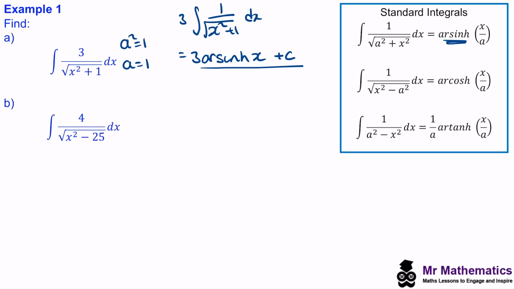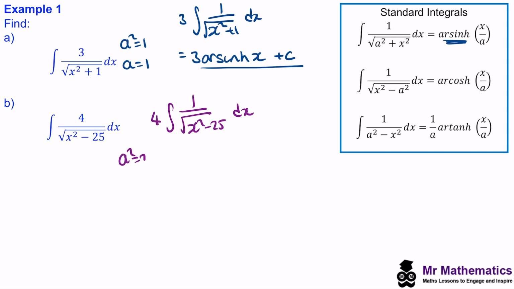And for question B, we can bring this numerator of 4 out in front because it's a constant. So we have 4 times the integral of 1 over the square root of x squared minus 25 with respect to x. And now you can see we're looking at this integral where a squared is 25.